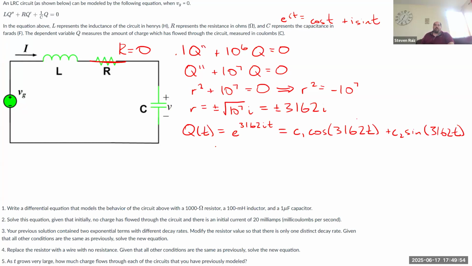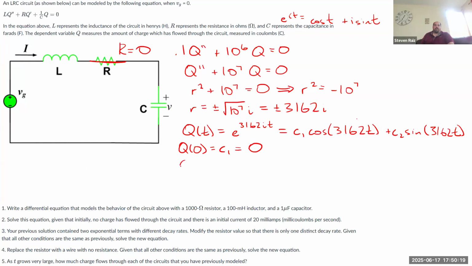So that's what my complementary solution looks like. So we are told same initial conditions. So what does Q of 0 look like? Well, when I plug in 0, cosine of 0 is 1, so I get C1. Sine of 0 is 0, so I get that C1 equals 0 again.